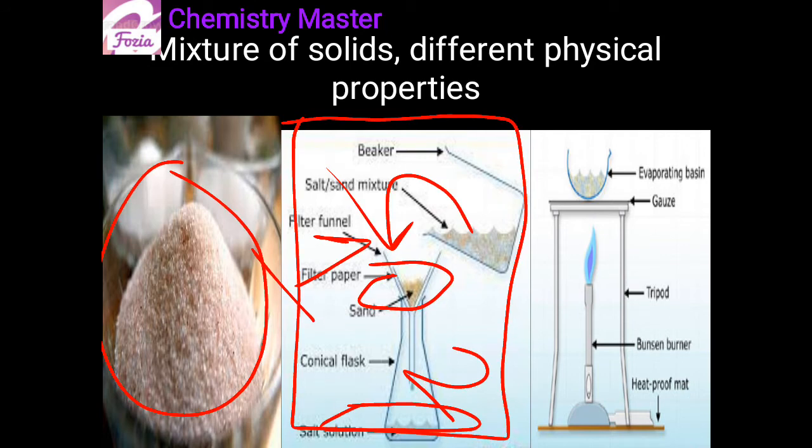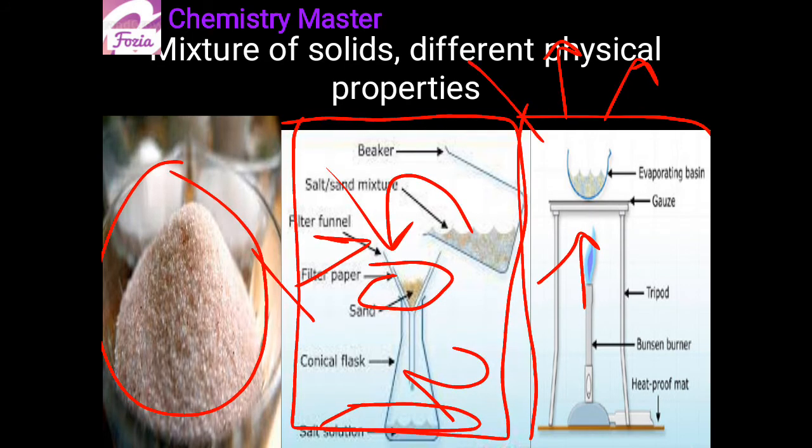Then the next step is heating that salt solution. The heat from the burner will evaporate the water into the air, leaving behind our solid salt.